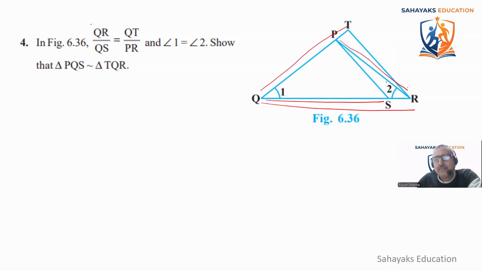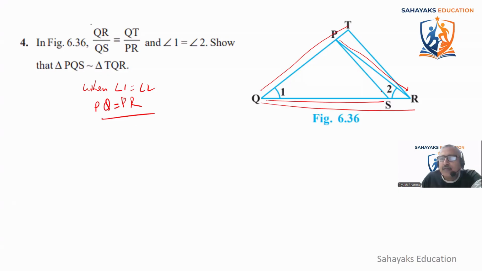That's fine. And angle 1 is equal to angle 2. See, when they have given that angle 1 is equal to angle 2, what does it mean? It means that PQ is equal to PR, right?